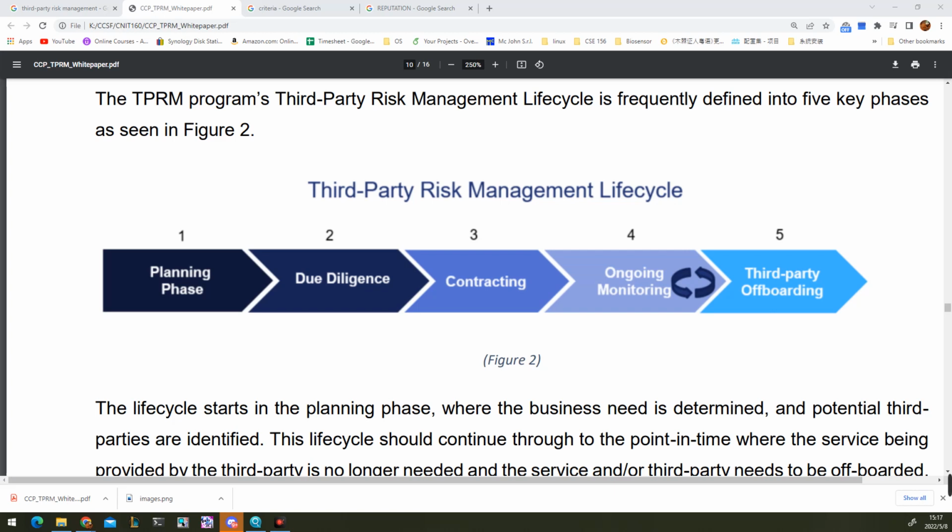So as we see, the due diligence is to protect our company from the third party. So there are risks we need to take care of.